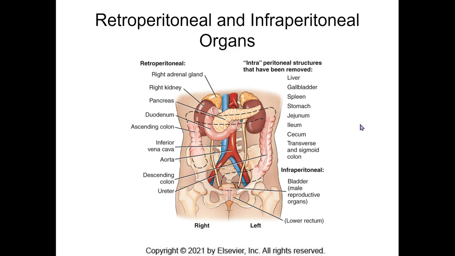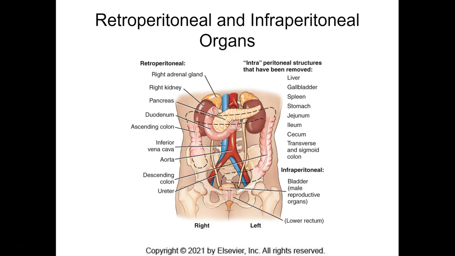Okay, organs that are within the abdominal cavity that are partially or completely covered by some type of visceral peritoneum, but are not retroperitoneal or infraperitoneal, should be referred to as intra or within peritoneal. Okay, so let's say that again.